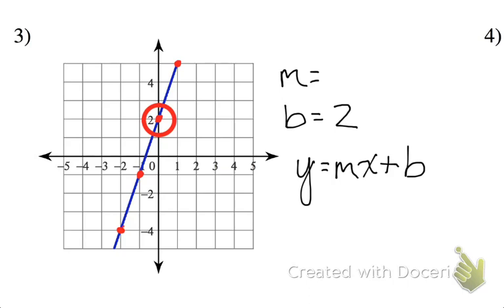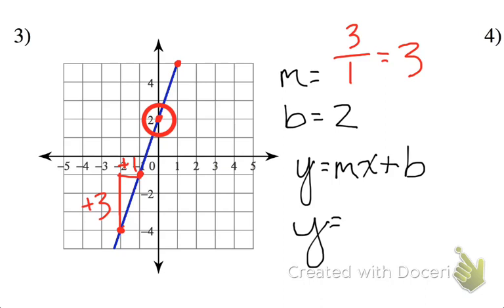So let's go up 1, 2, 3. Hey, up, that's positive. And to the right, 1. Hey, that's also positive, plus 1. Rise is 3. Run is 1. 3 over 1. 3 over 1 looks a whole lot prettier if you put it as just 3. Plug and play. y equals m, hey, that was 3, x plus b. b was 2. Positive 2. There we go.